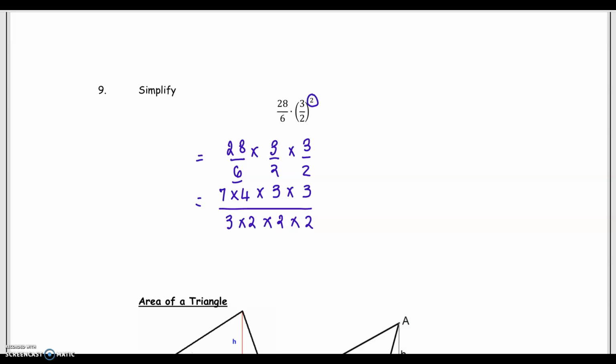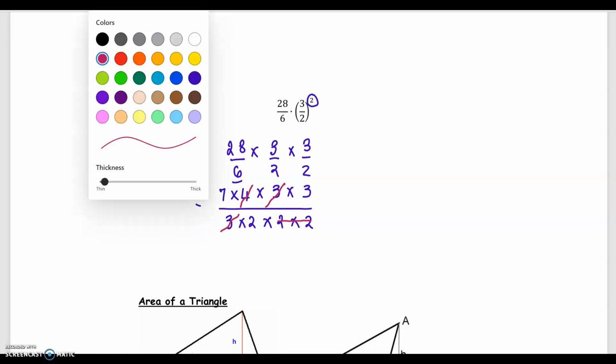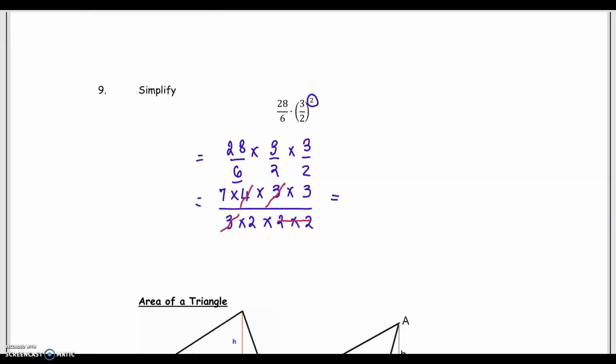So one of the 3's cancels, which means 3 over 3 is a 1. We have 2 times 2 is 4. Cancels with the 4. And I think we've cancelled all the common factors. We have 7 times 3 is 21 divided by 2. And that's our final answer.